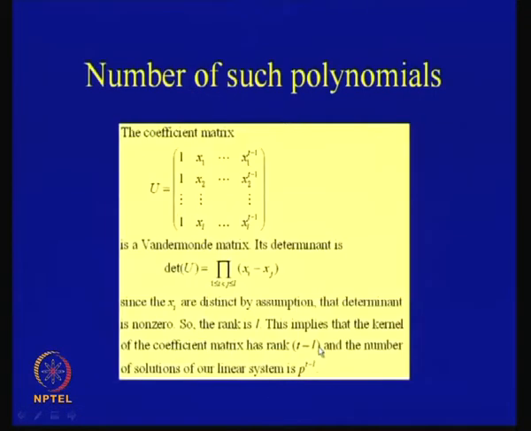The question now is about the coefficient matrix, which we can study a little bit.